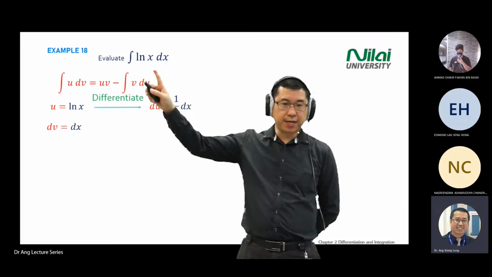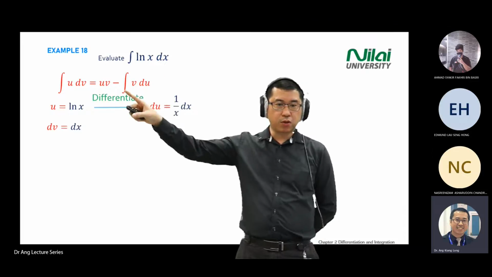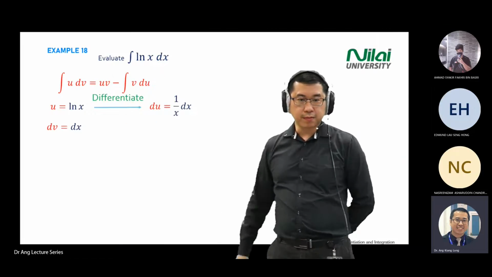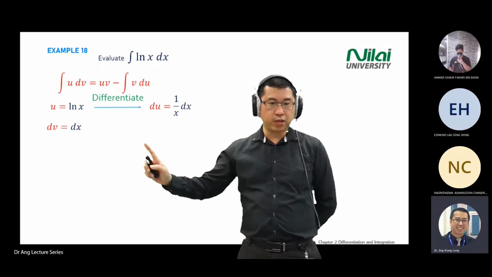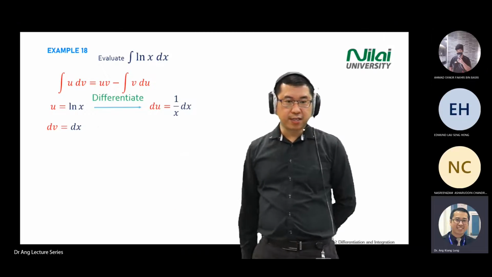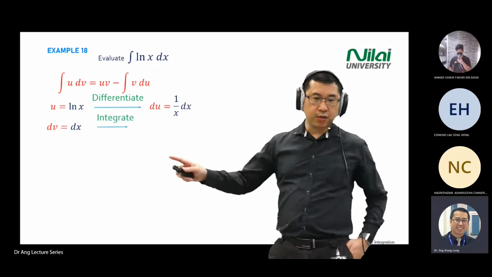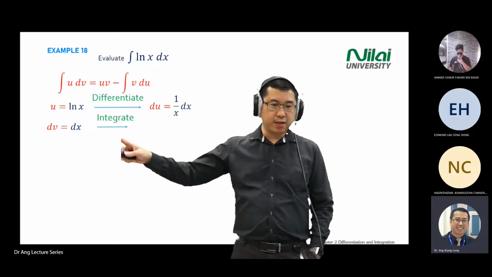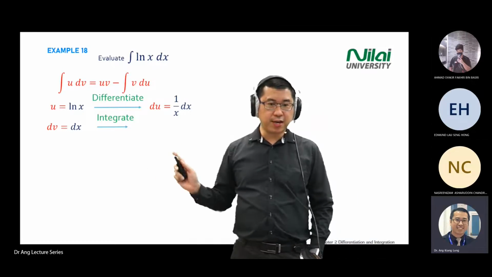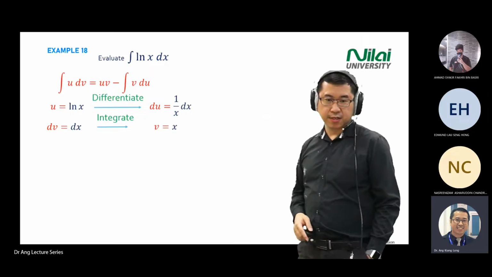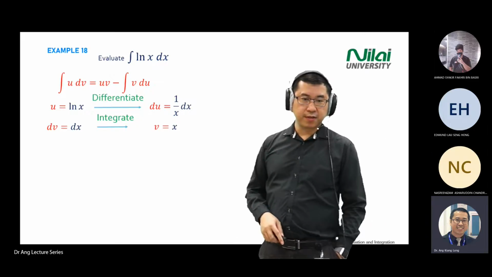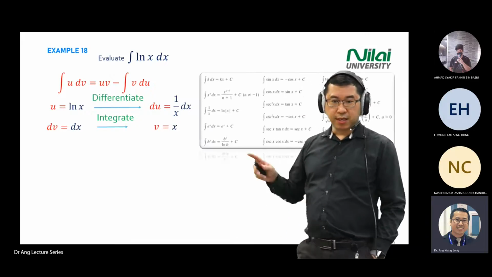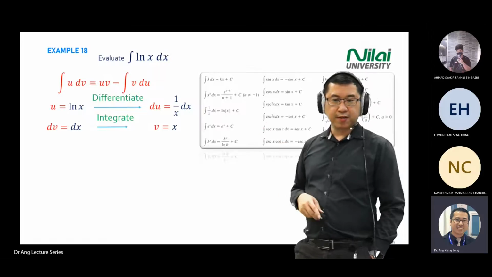Next, you compare side by side, dv equal to dx. How do you get your v and x? You integrate both sides. On the left hand side, you get v. On the right hand side, you get x. Again, there's a table for you to refer.